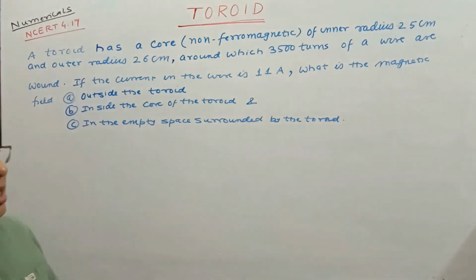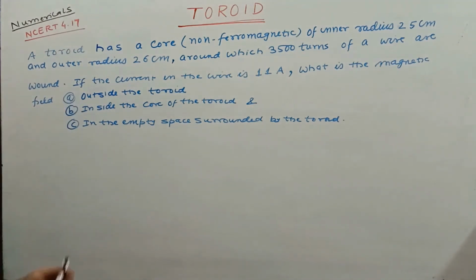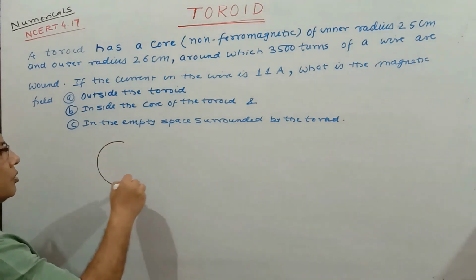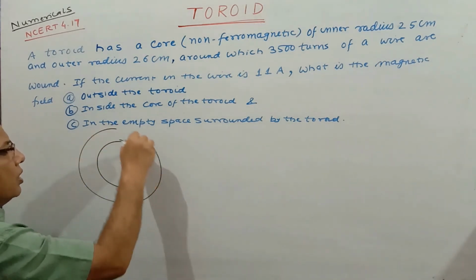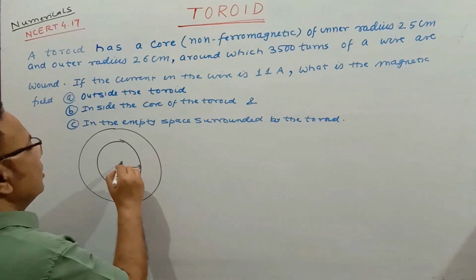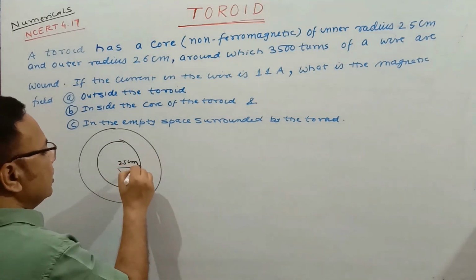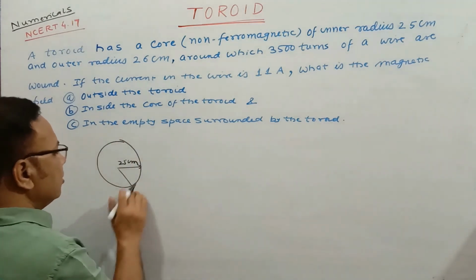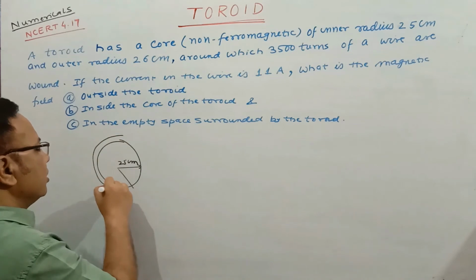Simple numericals you can do easily by direct substitution. I have taken one question from NCERT. A toroid has a non-magnetic core with an inner radius of 25 centimeter and an outer radius of 26 centimeter, very near to one another.